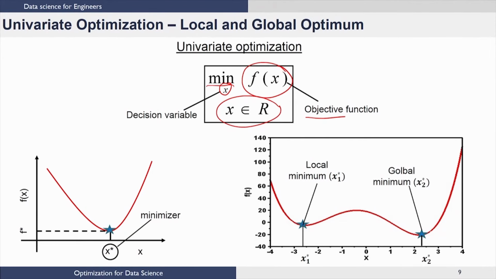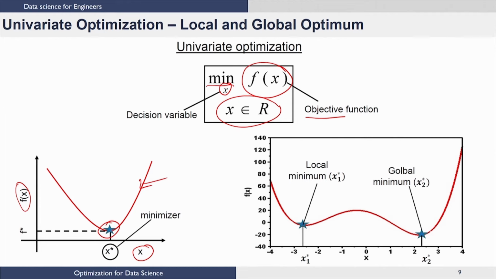Whenever we talk about univariate optimization problems, it is easy to visualize them in a 2D picture like this. So, what we have here is, in the x axis we have different values for the decision variable x, and in the y axis we have the function value. And when you plot this, you can quite easily notice that this is the point at which this function attains its minimum value.